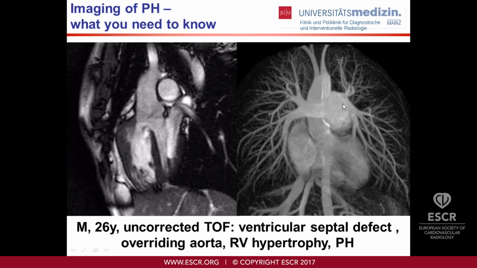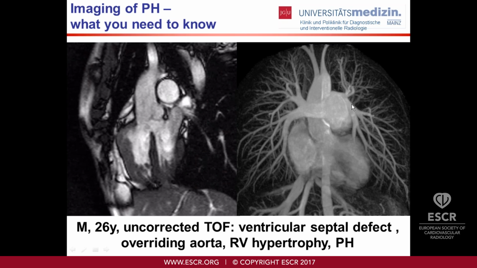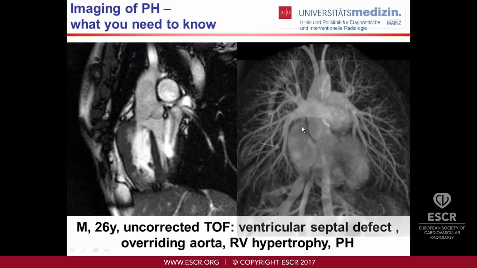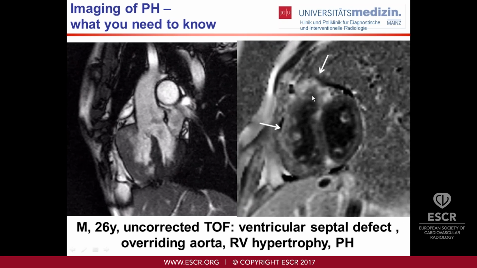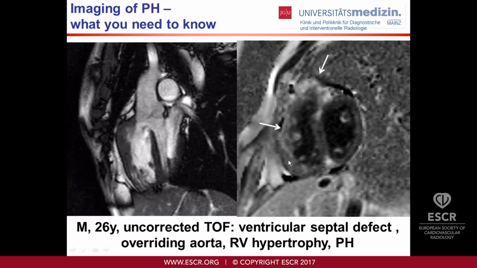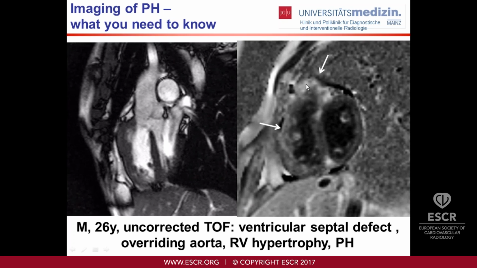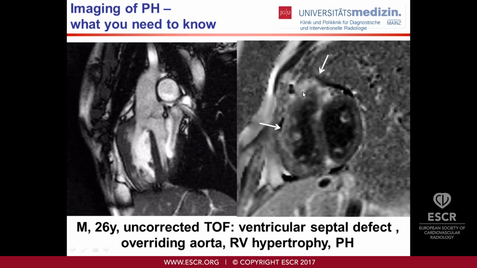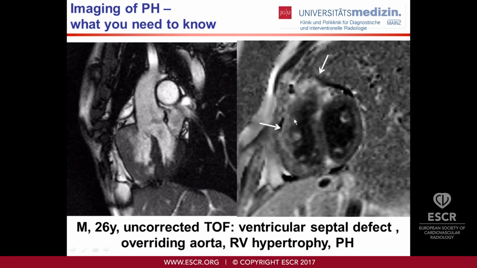And the last patient in this respect is a young patient with an uncorrected tetralogy of Fallot, where you can see the overriding aorta, and you also see here he has a right ventricular hypertrophy. He's 26 years old, he's non-corrected.